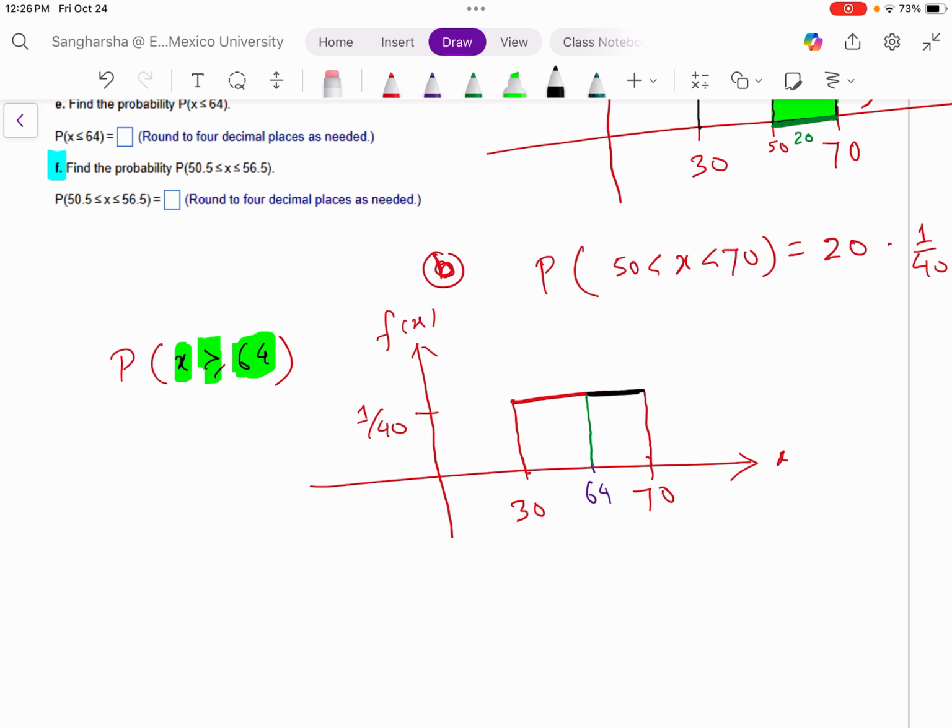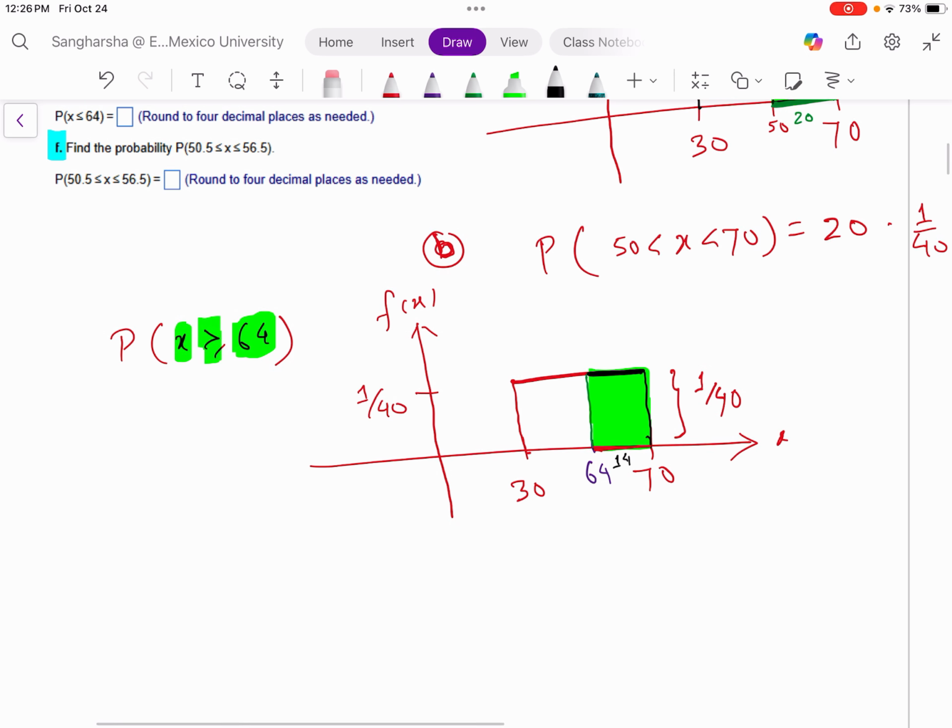We are interested in finding the area under this part. The area of this rectangle is very similar to the previous one: the height is 1/40 and the width is 70 minus 64, which is 14.